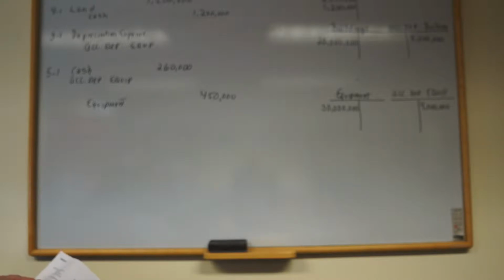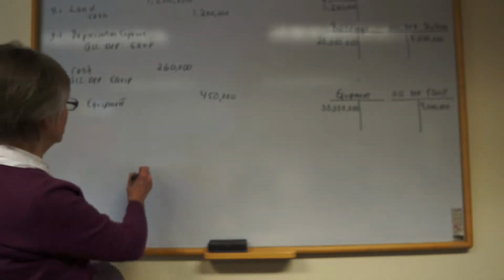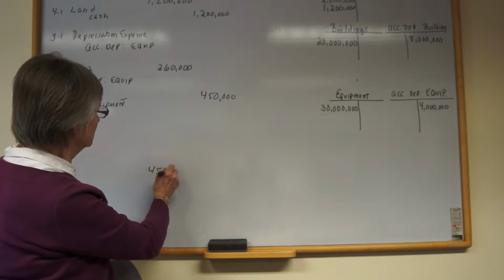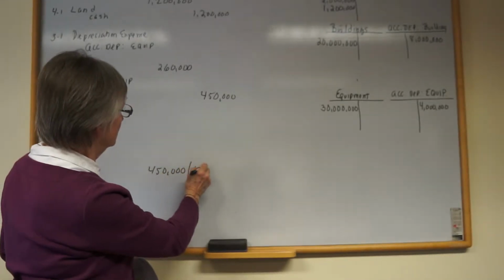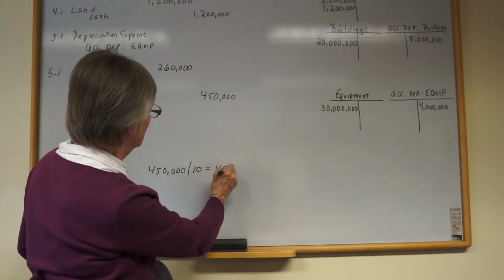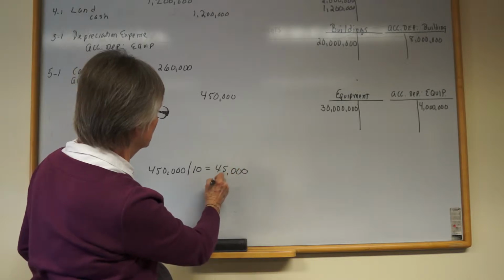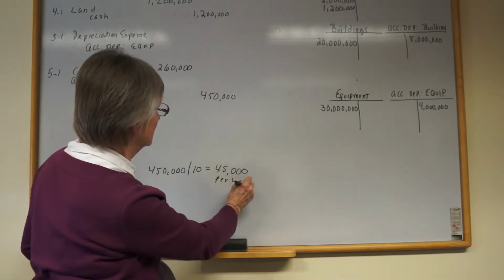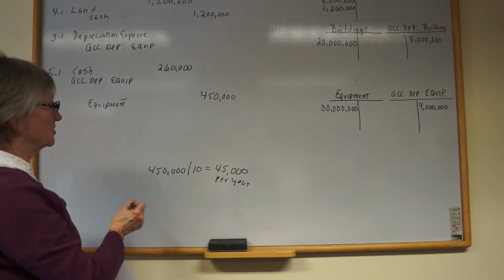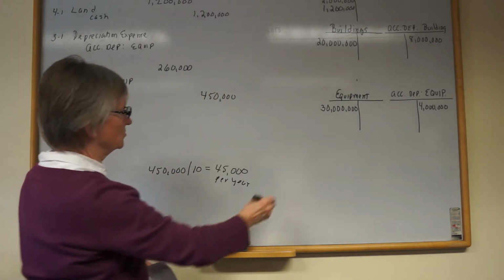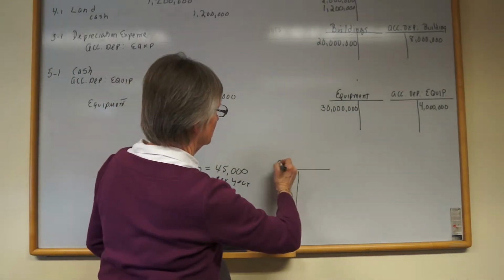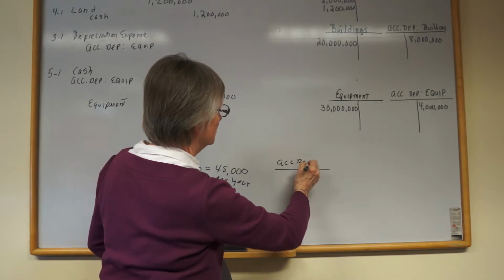They tell us it was purchased on 1/1/2012 and had a straight line 10-year life. So if it originally cost $450,000 with a 10-year life, it's going to be depreciated at $45,000 per year. Now, let's do a quick accumulated depreciation for this machine.